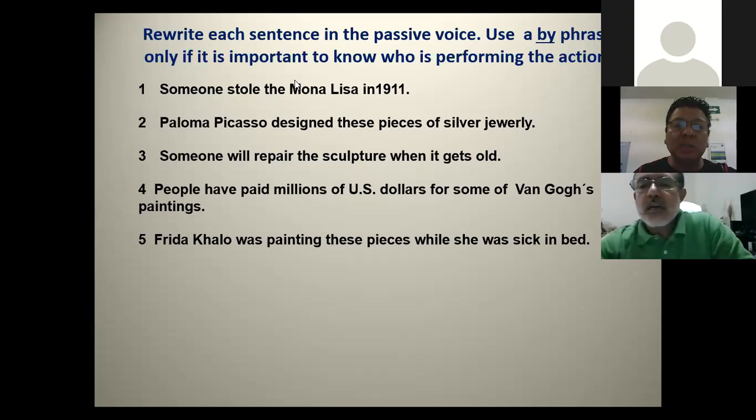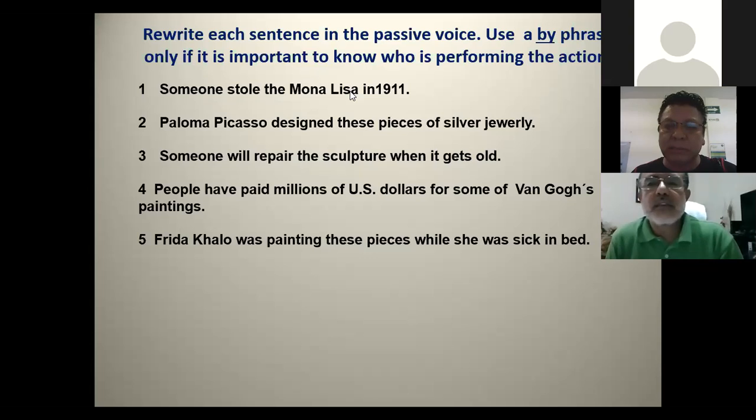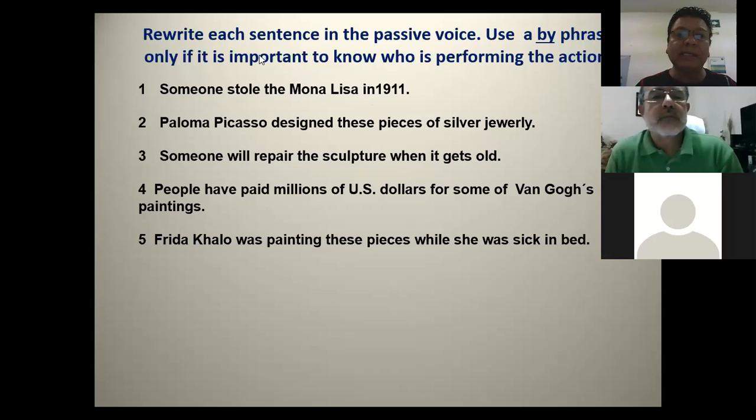Okay, but now we're going to rewrite it in the past. It's not important to say by someone. Okay, an example. Someone stole the Mona Lisa in 1911, but we're going to rewrite each sentence in the passive. How will it be in the passive? Was stolen. The Mona Lisa was stolen in 1911.